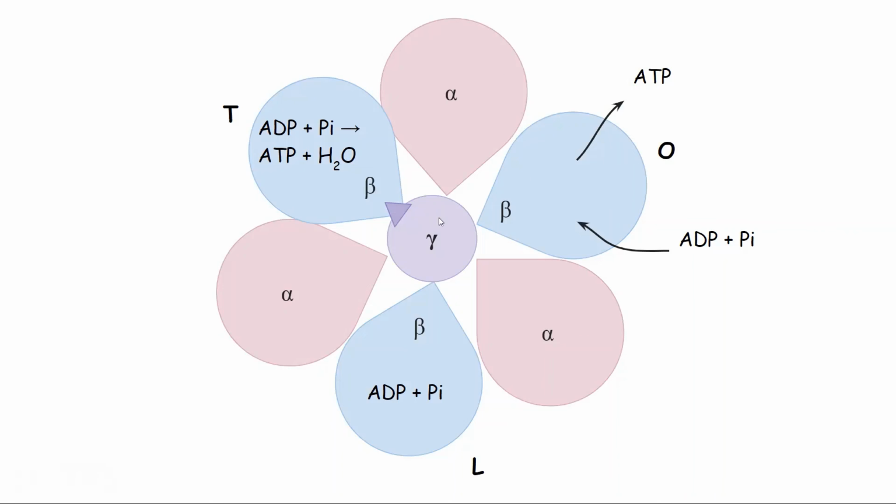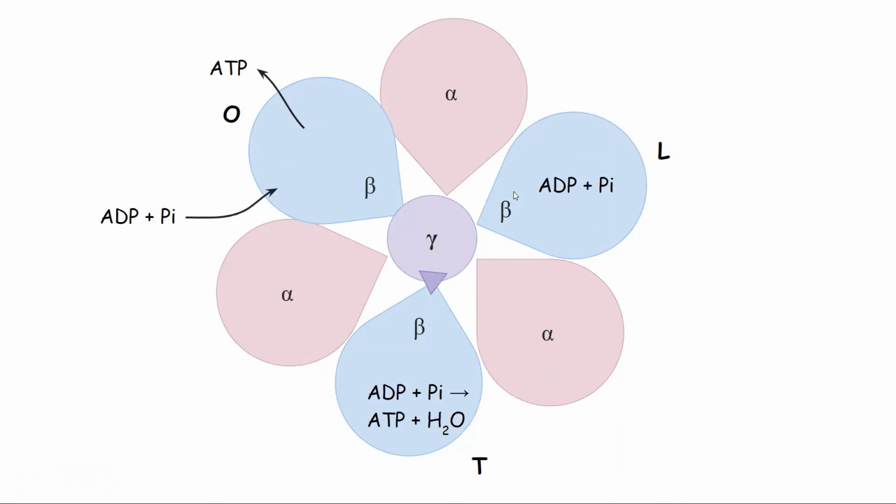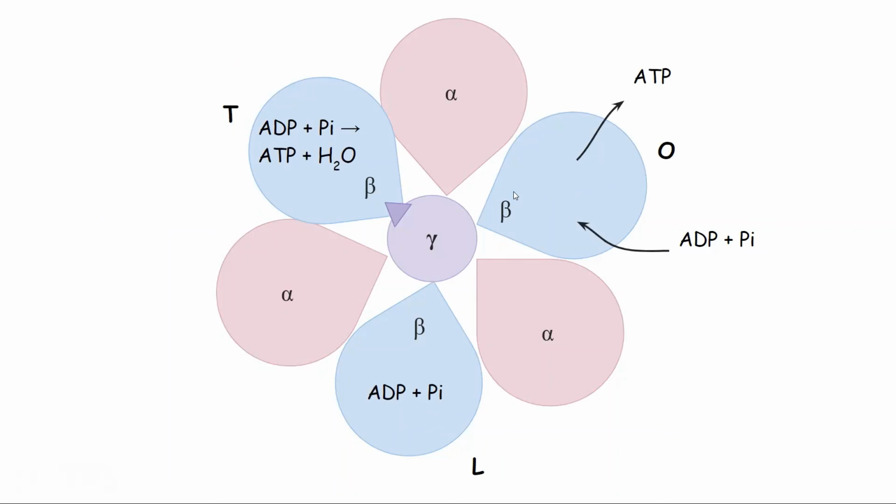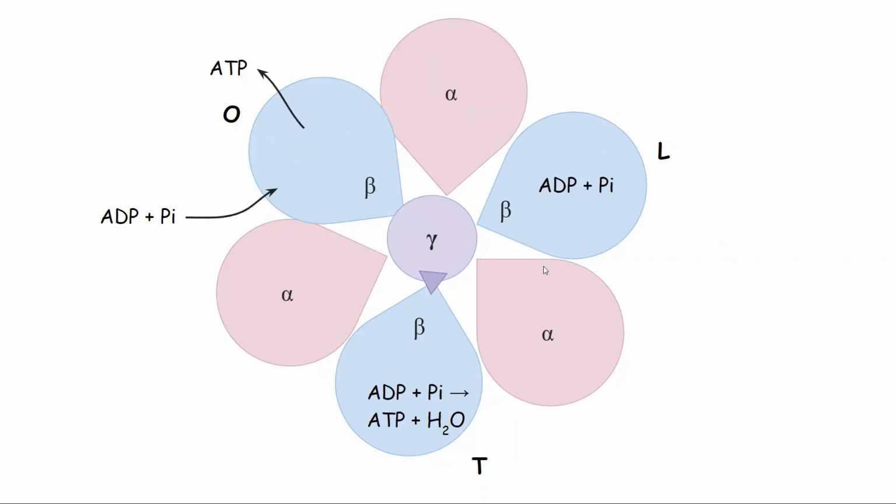And so as the gamma subunit turns, we also see that which beta subunit is T, L, or O also changes in response to the gamma subunit turning. So here we can see that this one up top on the left is the tight conformation. And when the gamma subunit moves, the tight conformation is suddenly this one on the bottom.